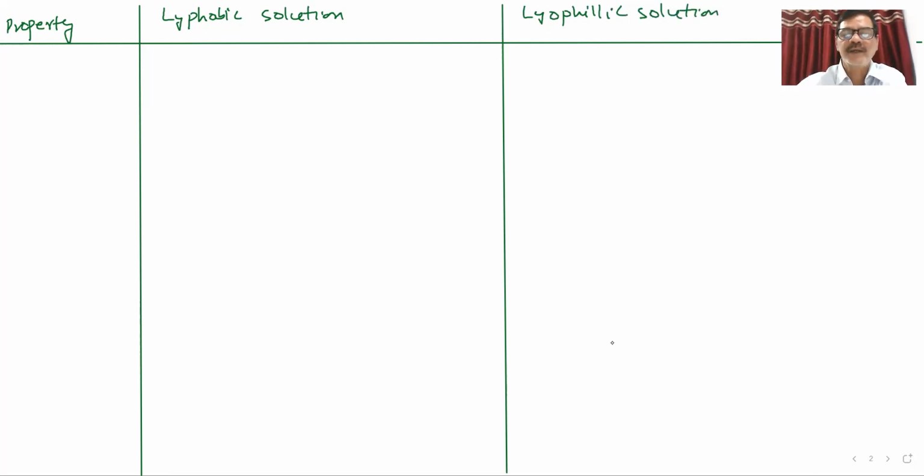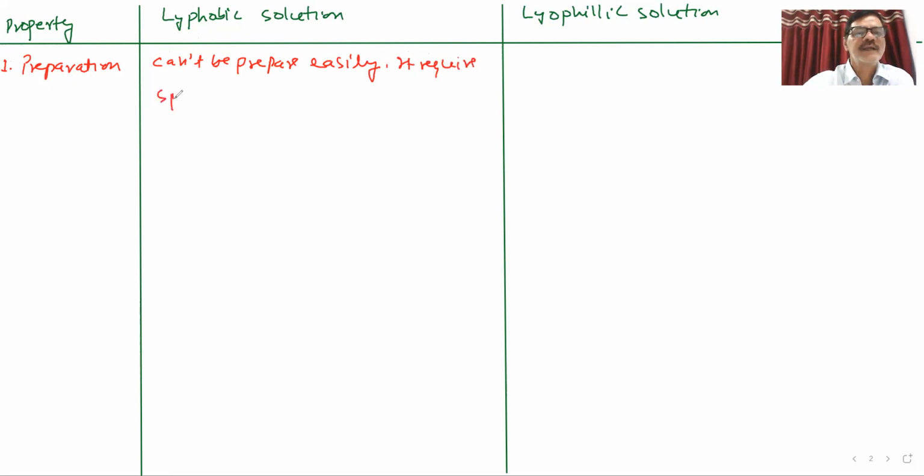So the first property is preparation. It cannot be prepared easily. It requires special methods.